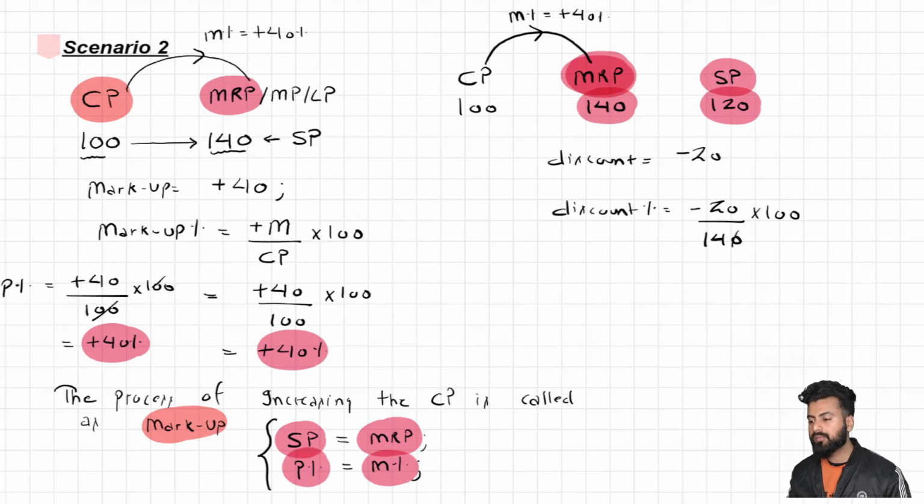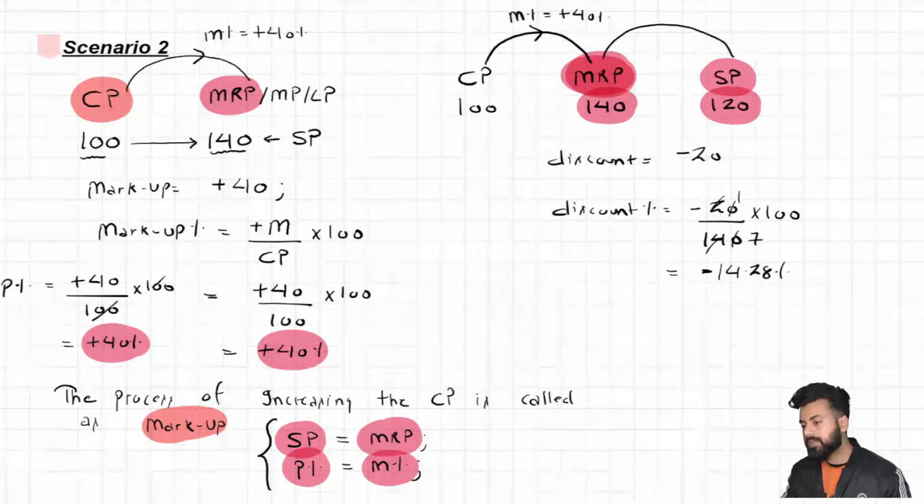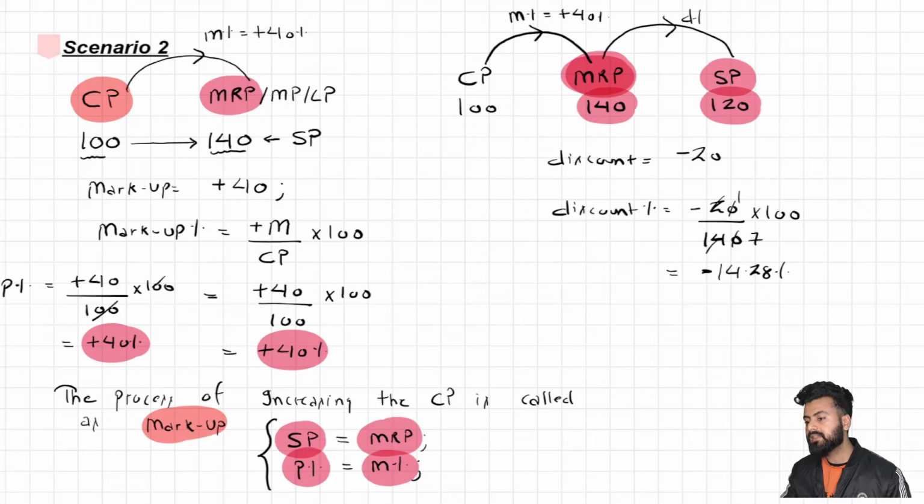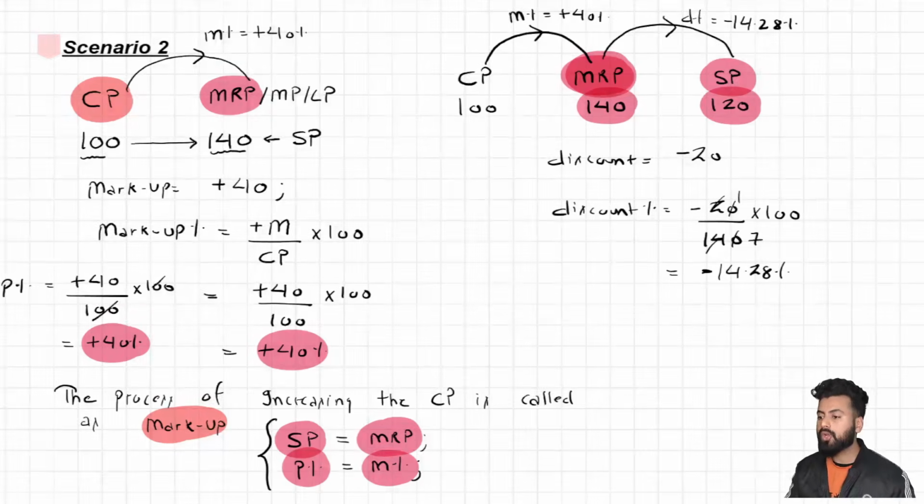Once you do so, what will you realize that, okay, the shopkeeper has offered a discount of 14.28%. So someone asks you, what is the discount offered by the shopkeeper? You would say, sir, the discount offered by the shopkeeper in terms of percentage is 14.28%.